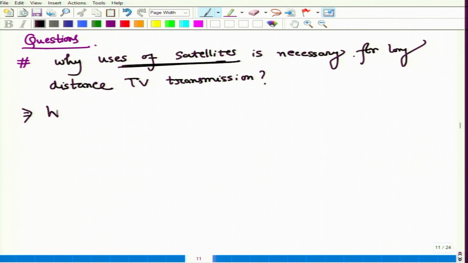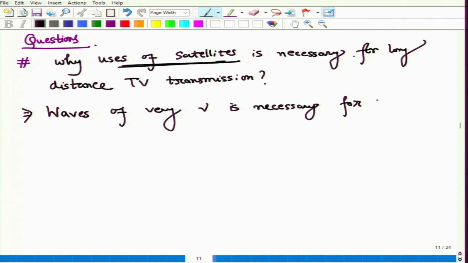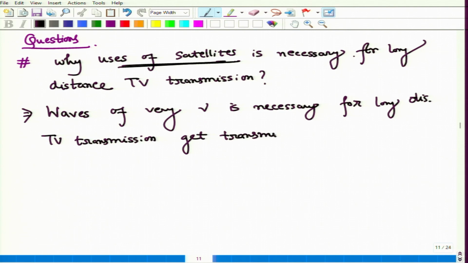Let me write it clearly. Waves of very high frequency are necessary for long distance TV transmission, which get through the ionosphere, right?